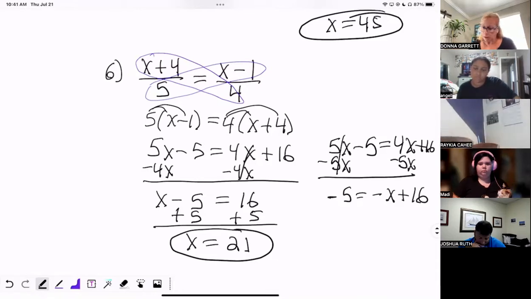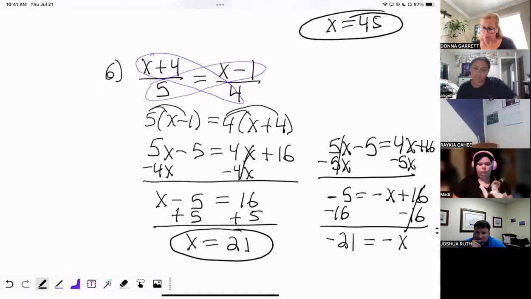Yes, ma'am. Okay, then subtract 16. So this makes -5 and -16 makes -21 is equal to -x. And then you would divide by -1 to make the x positive. So x is equal to 21. See if that helps.